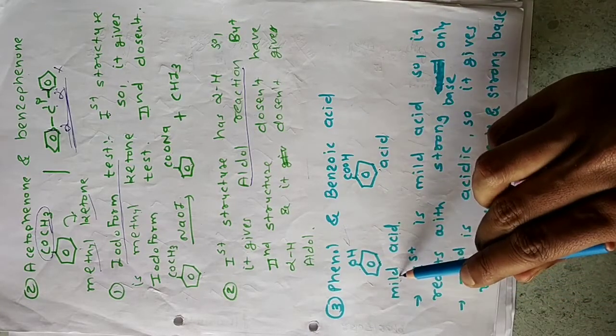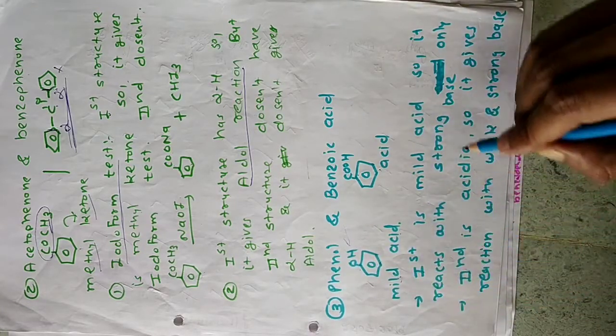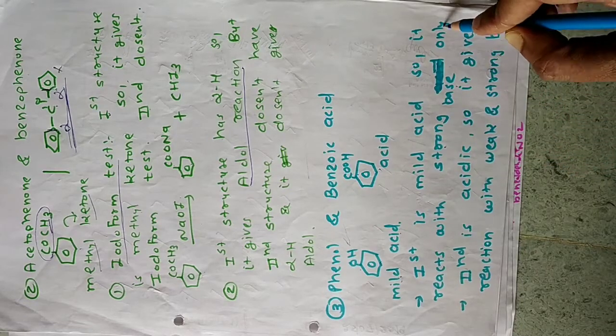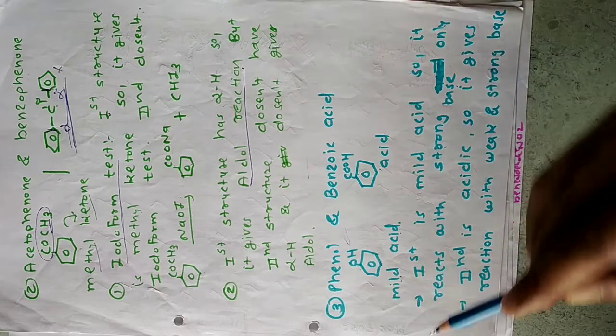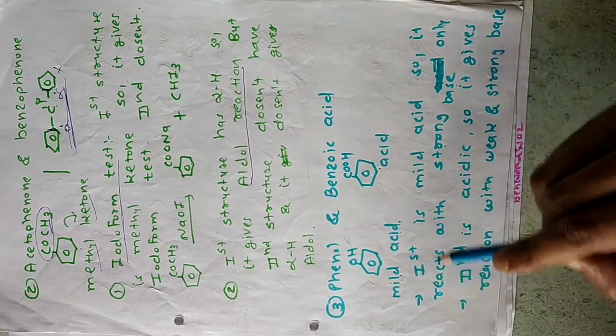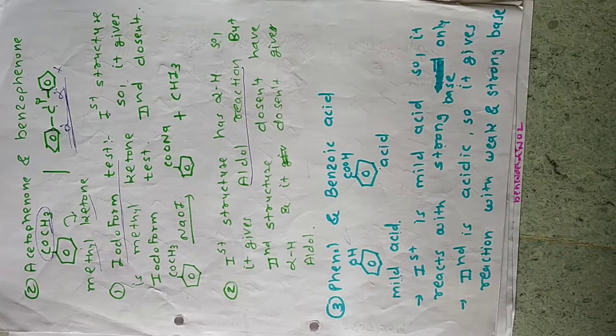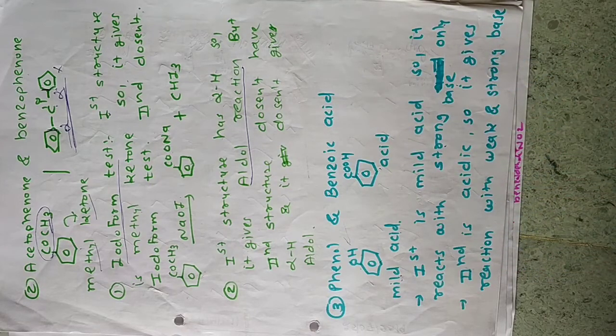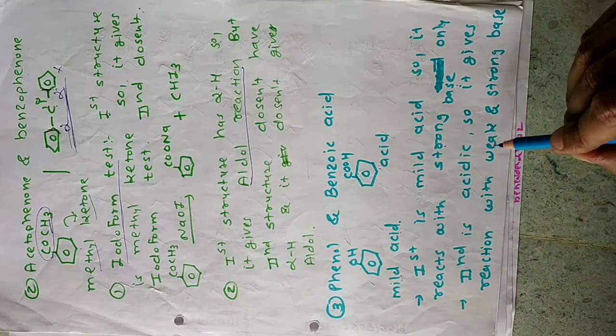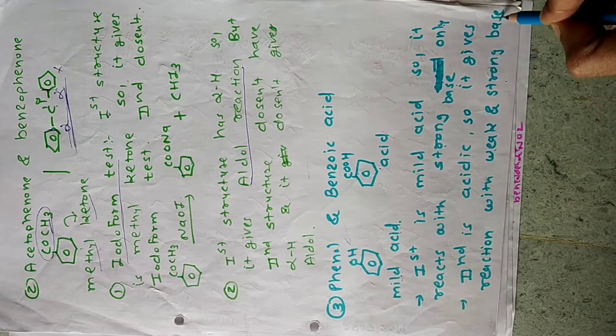A mild acid will react with a strong base only, it does not react with a weak base. While benzoic acid is comparatively a strong acid, so it can react with weak and strong bases both.